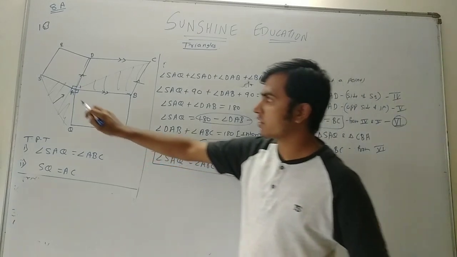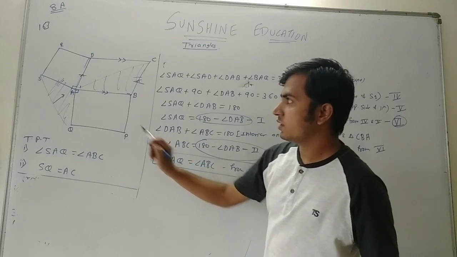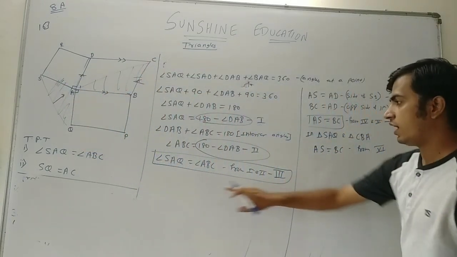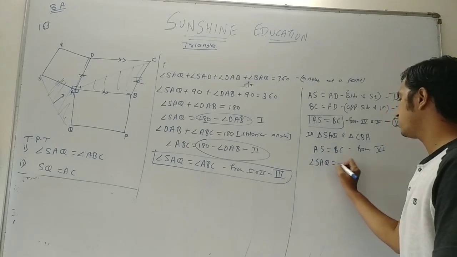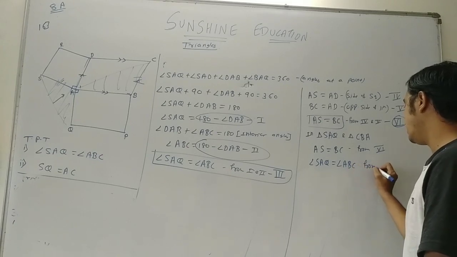Okay, I'll just give a marking. AS is equal to BC. We know that angle SAQ is equal to ABC, from 3.